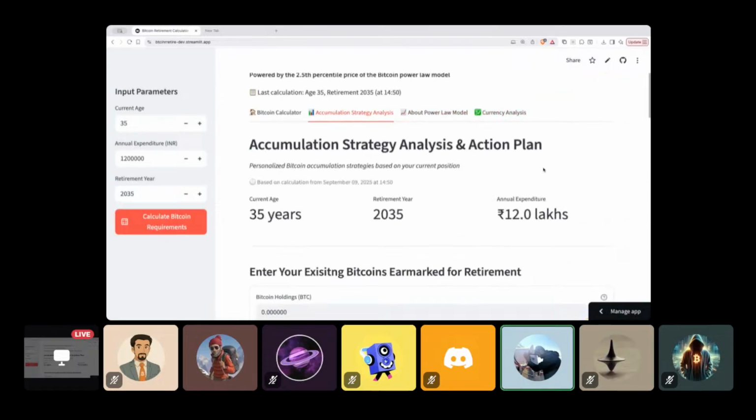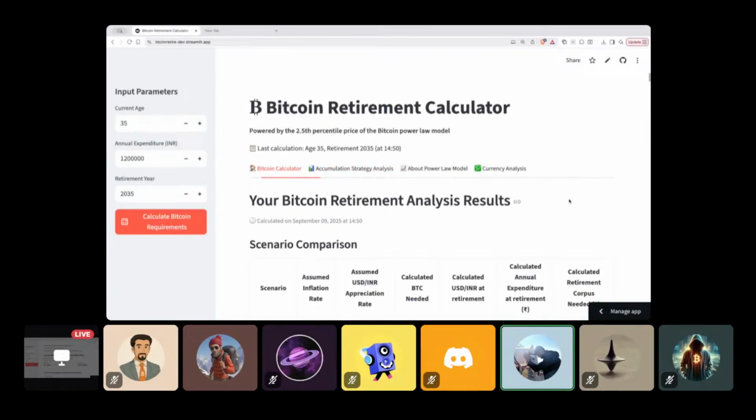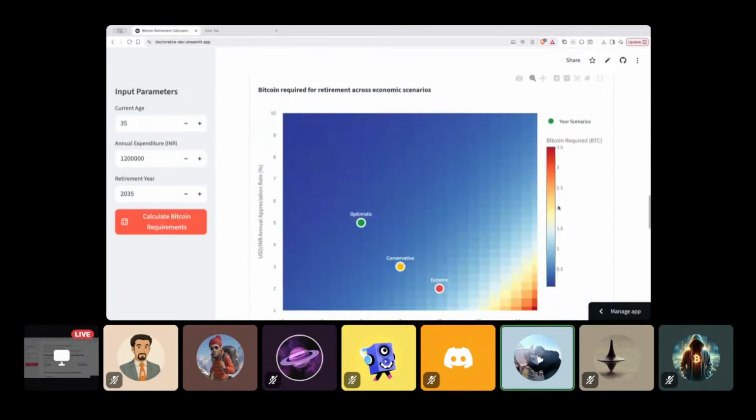Right. So the most likely scenario is high inflation and high depreciation of INR to USD? Yeah, if you are looking at high inflation, then the depreciation will also be high, and in that case, you will likely require less BTC. So BTC will protect you better.